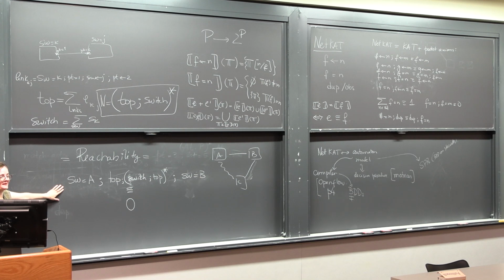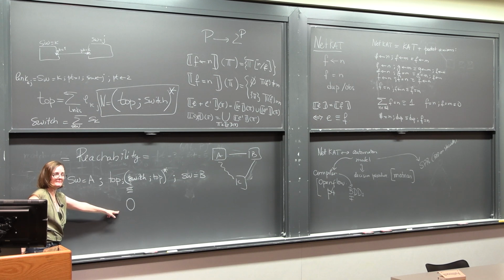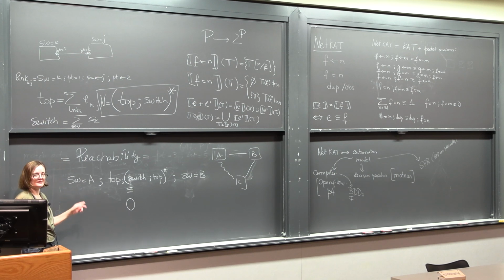Okay, let's go through this again. The expression here on the top tells me all possible ways that A would be connected to B. If those all possible ways are equivalent to the empty set, it tells me that there is no way. So reachability is, I do this equivalence query in netcat, and if it returns true, then I'm doomed because there is no way.